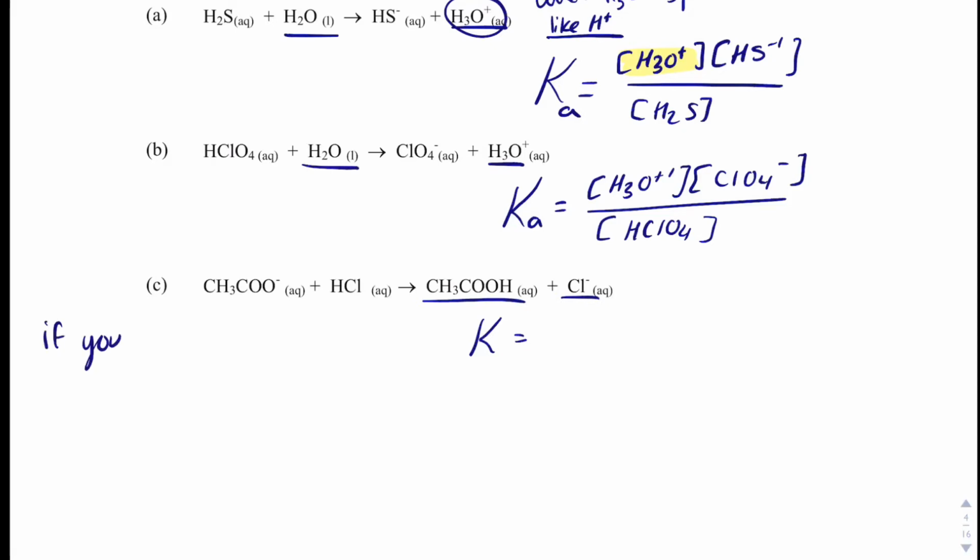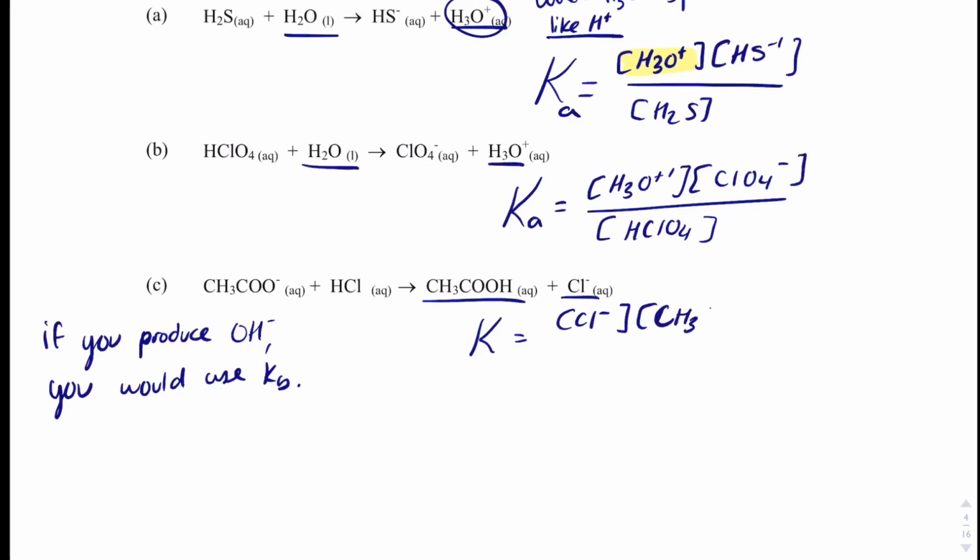If you produce hydroxide, you would use Kb, and we'll get to that later. Okay, so we have Cl minus, oh wait, I wrote that wrong. CH3COOH, HCl, CH3COO minus. Notice I'm not excluding any of them because they're all aqueous.